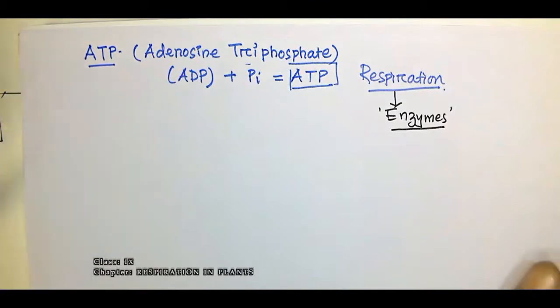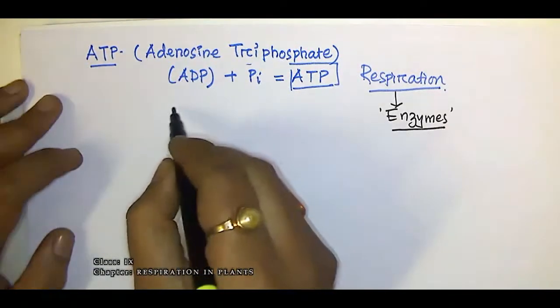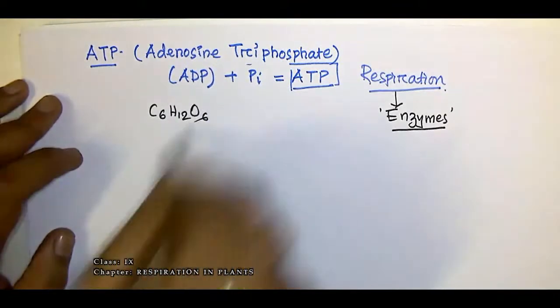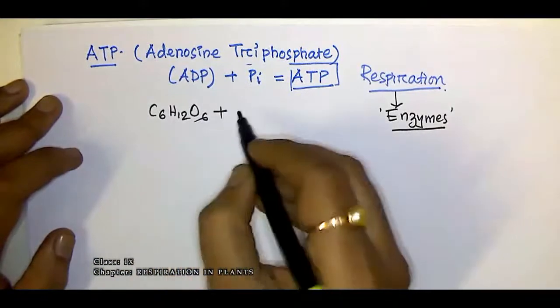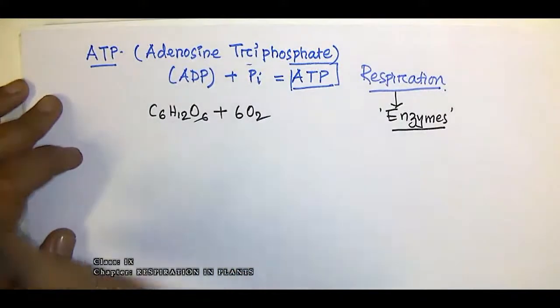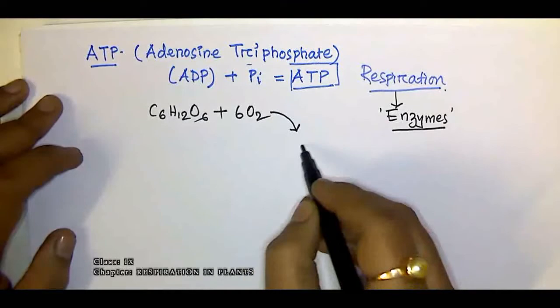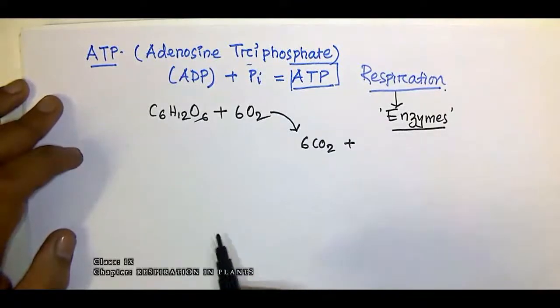Normally, when we talk about respiration, the equation that comes into our head is C6H12O6, which is our glucose or a hexose sugar, right? It combines with 6 molecules of oxygen, isn't it? And then what do they give out? 6 molecules of carbon dioxide. And what do they release further?